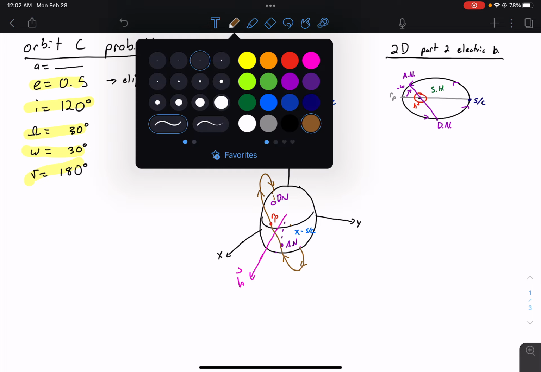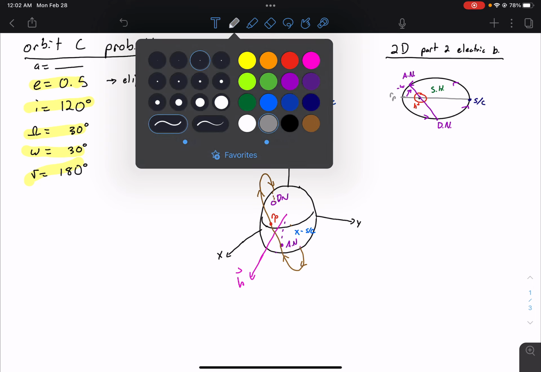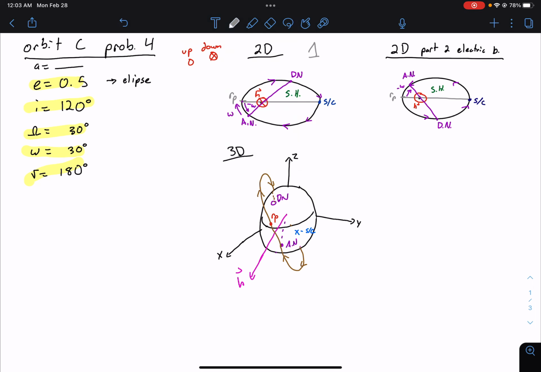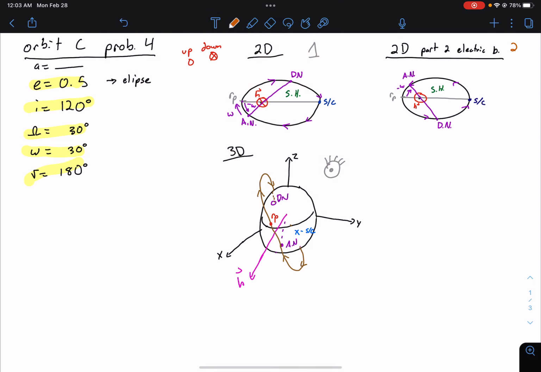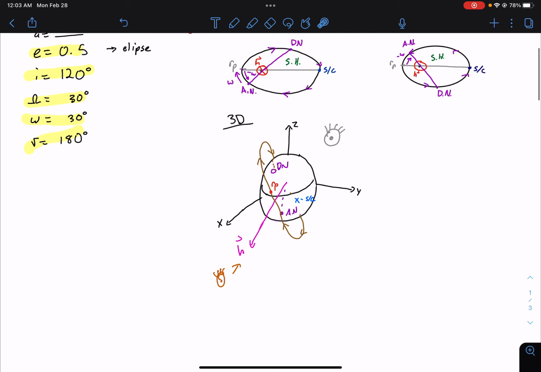So 2D, we'll call this number 1, right? Viewpoint was up here. We'll call this number 2. Viewpoint was this way, right? And I'm just going to confirm with you and show you that they're the same orbit, and all their features are just shown differently.